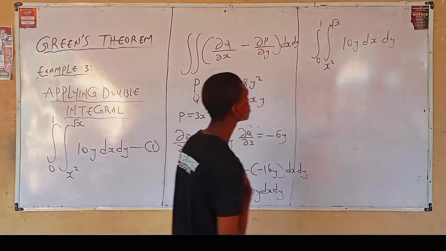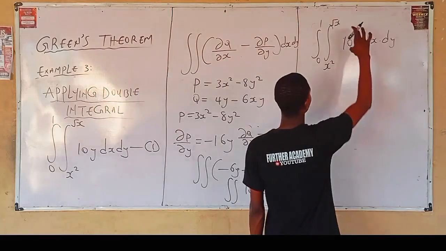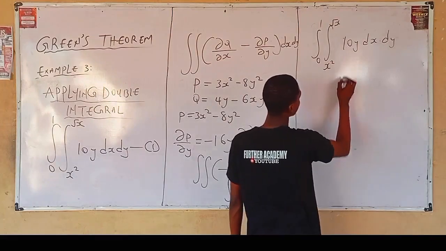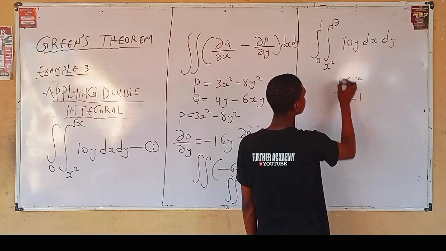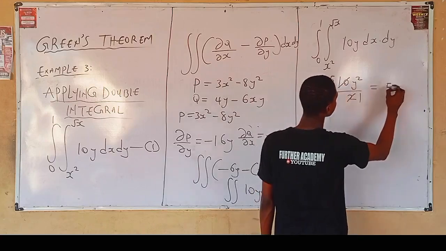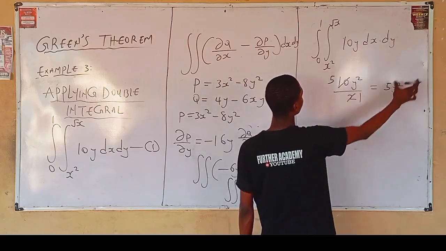Now from here, integrate with respect to y first. When you integrate with respect to y, you have 10y squared over 2. 2 goes into 10 five times, meaning you have 5y squared.